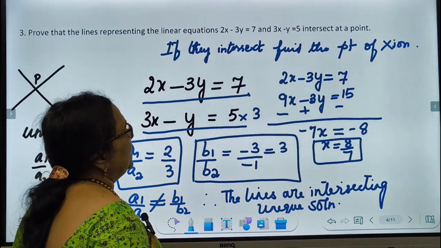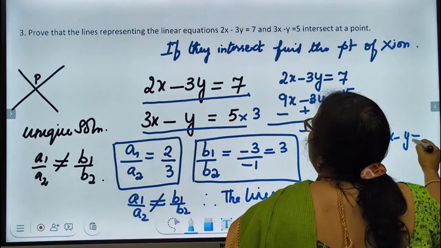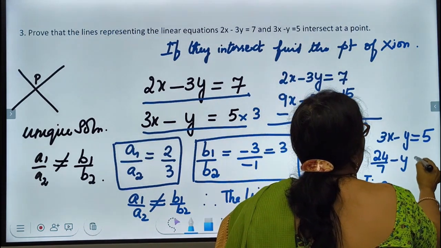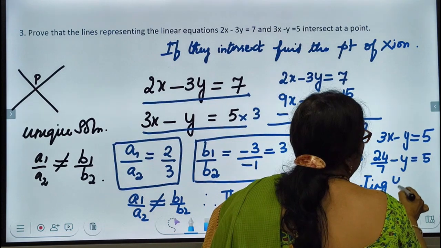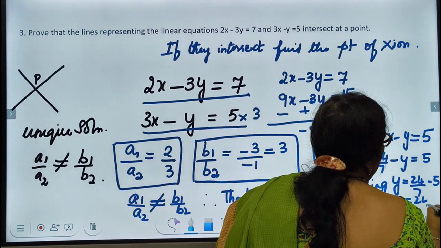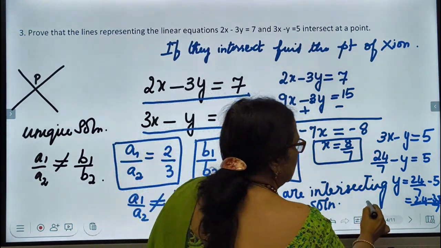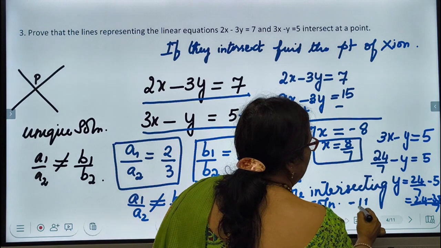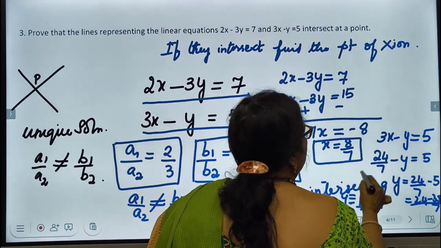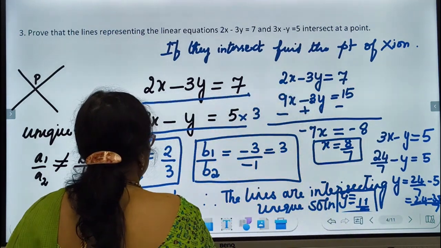If x is 8 by 7, what is y? Let us substitute in 3x minus y equal to 5. So 3x will be 24 by 7, minus y is 5, or y taken to the other side will give you 24 by 7 minus 5, which is 24 minus 35 by 7, so minus 11 by 7. So x is 8 by 7, y is minus 11 by 7.